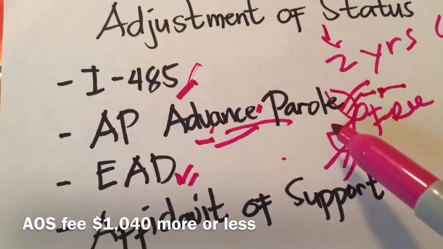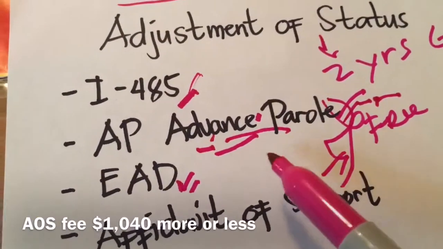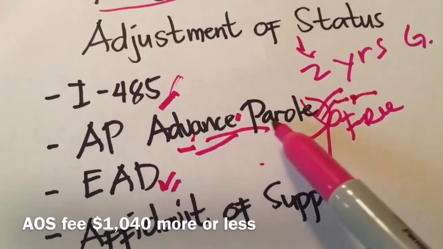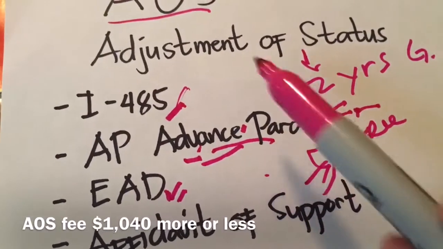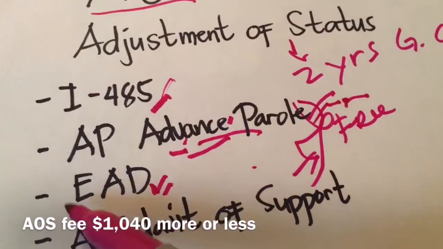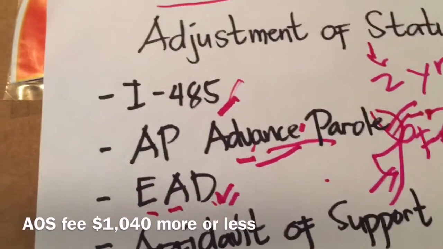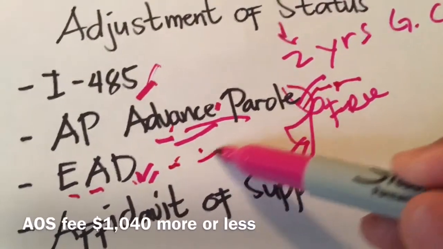If you have some emergency, you have no problem entering back, even while you're still filing for your adjustment of status. This advance parole is quicker to arrive than the form itself. Then you also need to file the EAD, Employment Authorization Document, so if you want to work, you can apply for work.